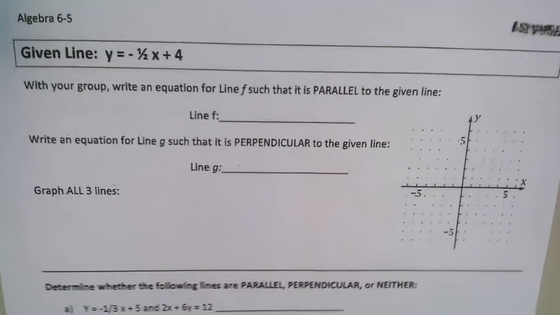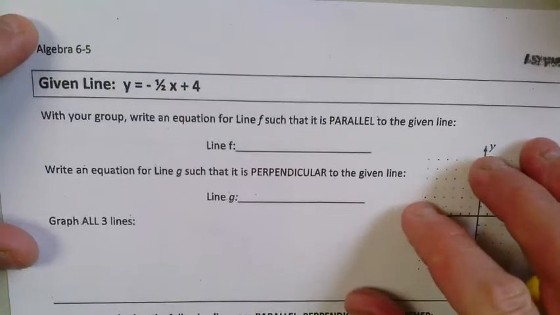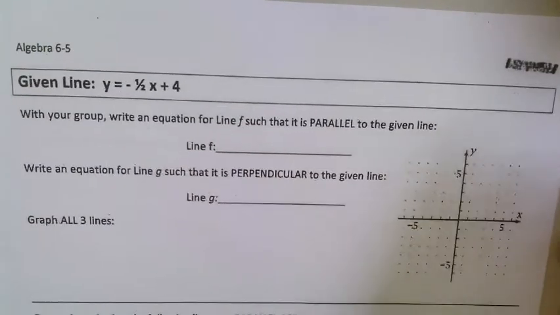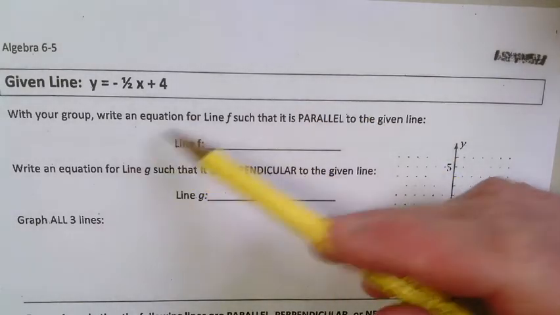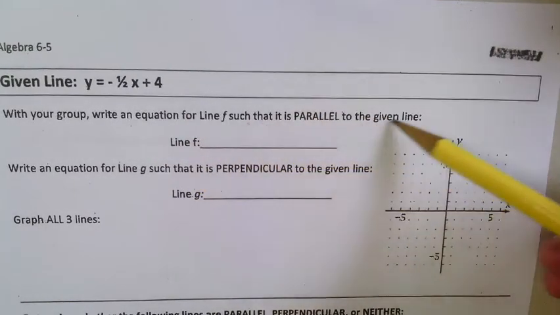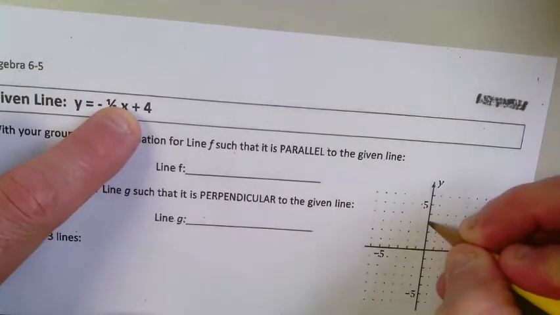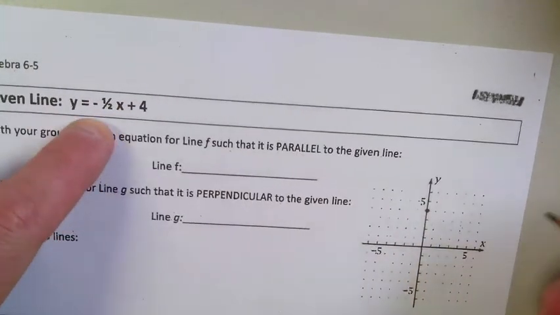All right, now the next part. Given that we have y equals 1/2 x plus 4, with your group, write an equation of a line f such that it's parallel to the given line. I'm actually going to go ahead and graph that line. Plus 4. 1, 2, 3, 4. -1/2 slope.